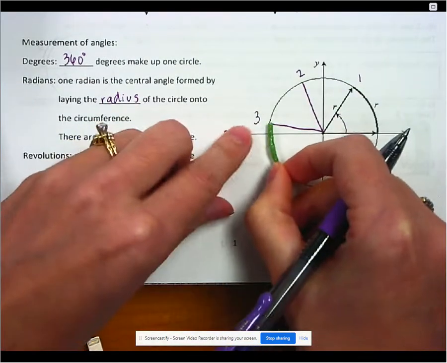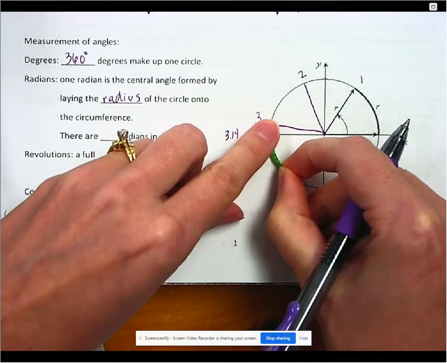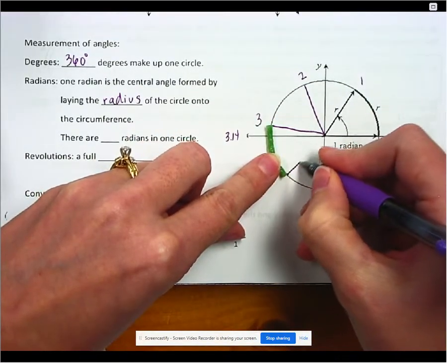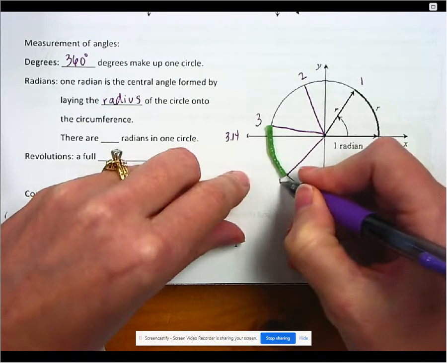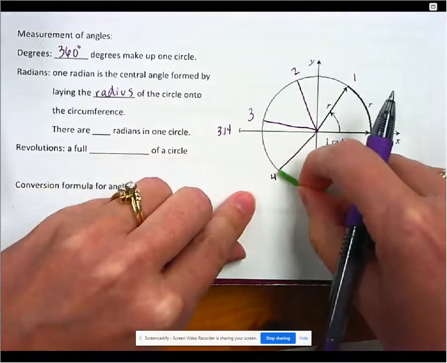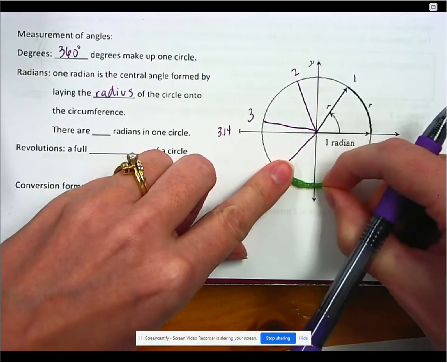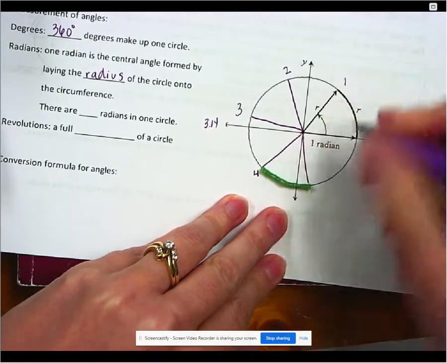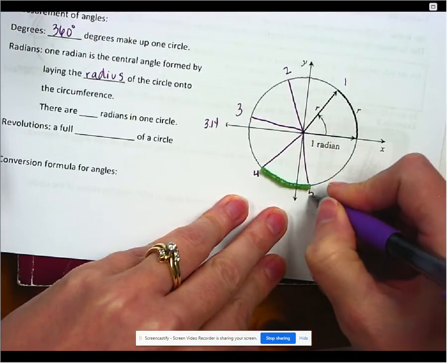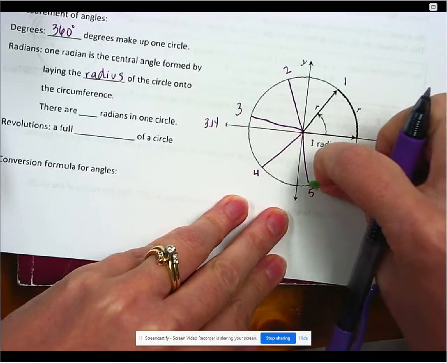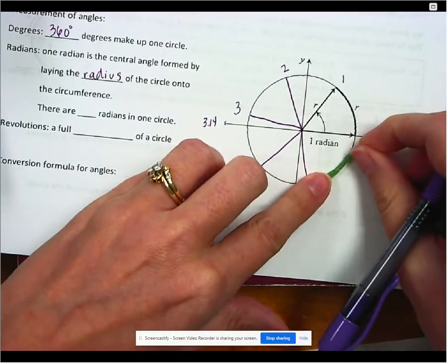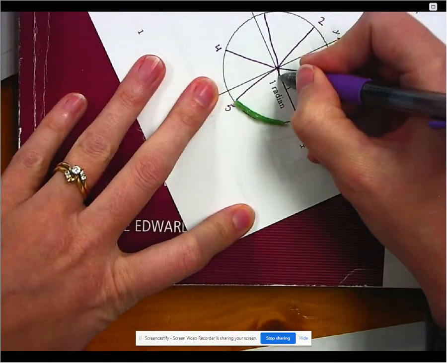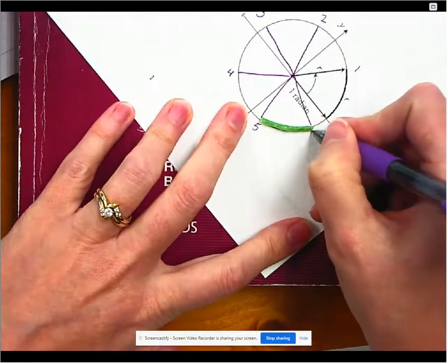So I'm going to keep going. That's going to be 4. Five. 6.